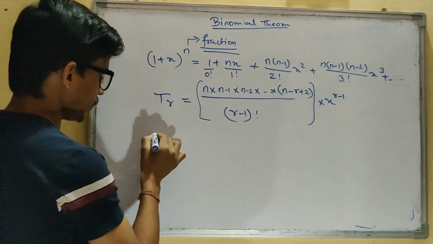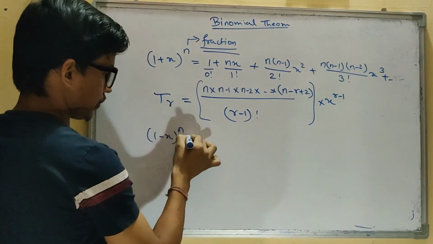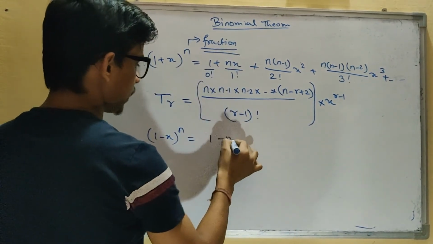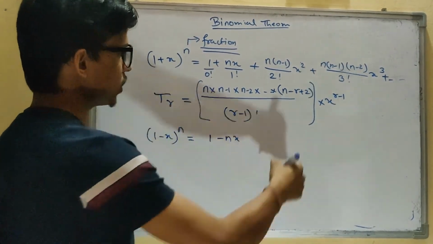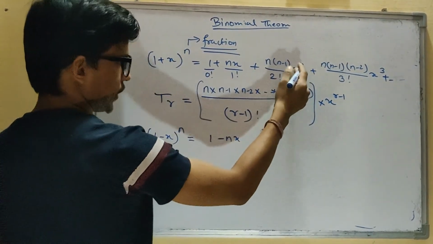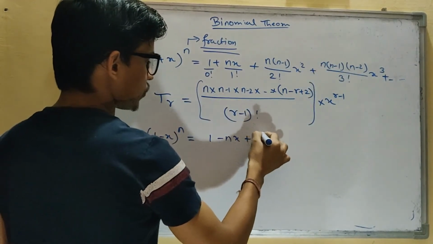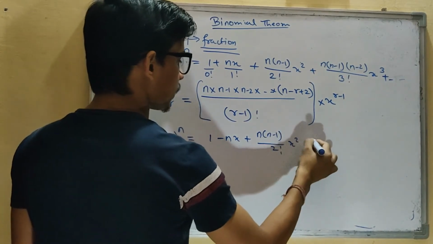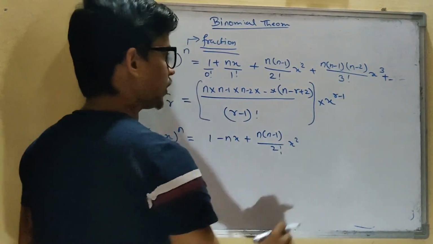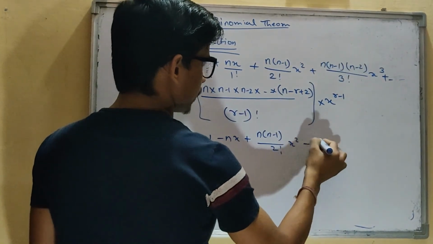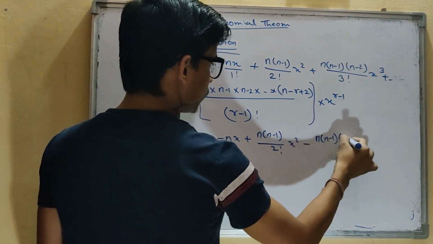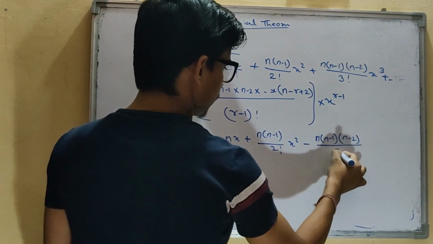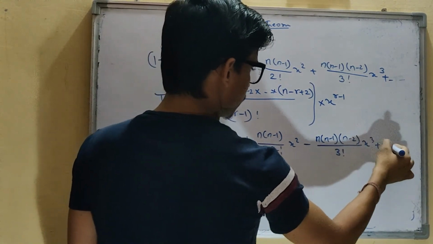And an important thing: (1 - x)^n, where n could be a fraction. Just substitute it here: 1 - nx, because x is negative. But in the second term there is no effect, because the square of minus x is the same: n(n - 1)/2! x^2. Here the third term is going to be negative because x is negative: minus n(n - 1)(n - 2)/3! x^3, and again plus.